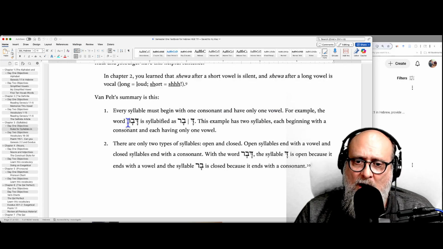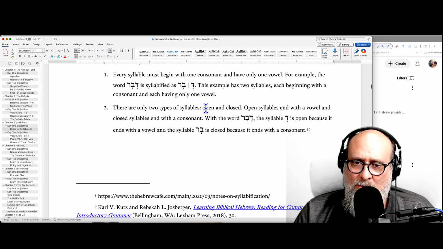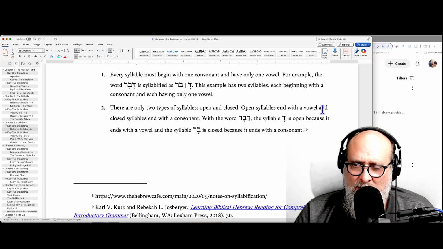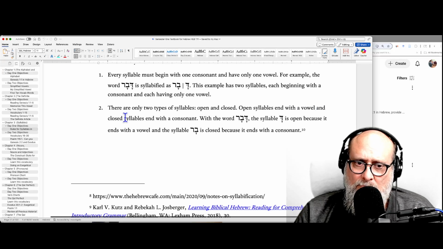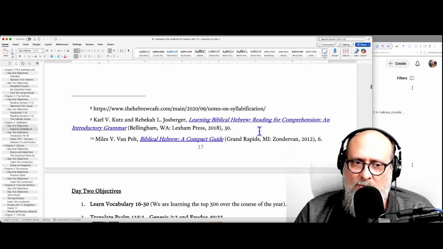So davar, it has to be da, var. There are only two types of syllables, open and closed. Open syllables end in a vowel. Closed syllables end in a consonant. So da is open and var is closed. So kind of straightforward.